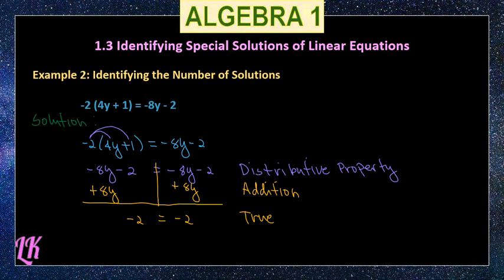It follows, therefore, that this second equation, -2 times the quantity 4y plus 1 equals -8y minus 2, has infinitely many solutions.